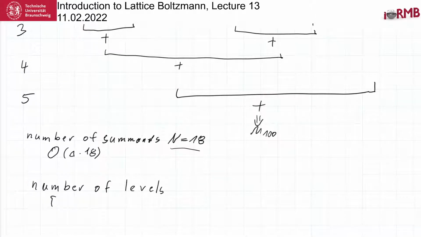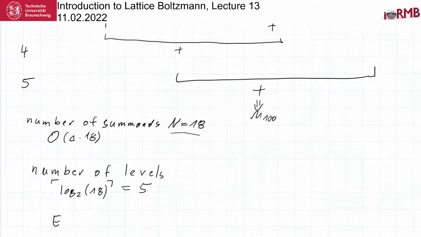This is because it is the ceiling of the logarithm to the base 2 of 18. So we have 18 summands, and we split them up in pairs of 2, up to 5 levels of pairs.